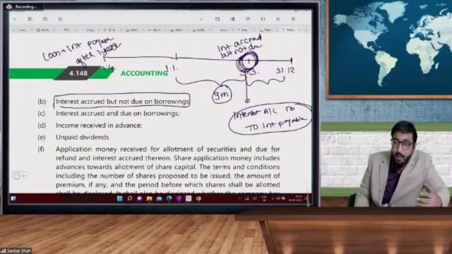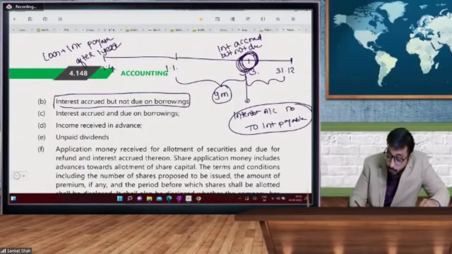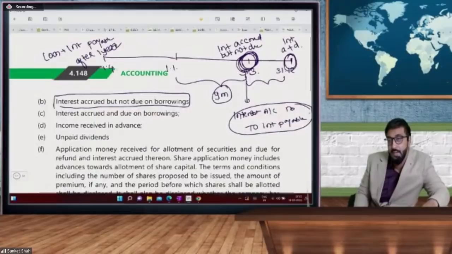So it is not due. Not due means payment के लिए due नहीं है. But on 31st of December, this is interest accrued plus due. So up to 31st March, you are passing entry only because you are a follower of accrual concept. On 31st of March, you are going to pass entry for 9 months.